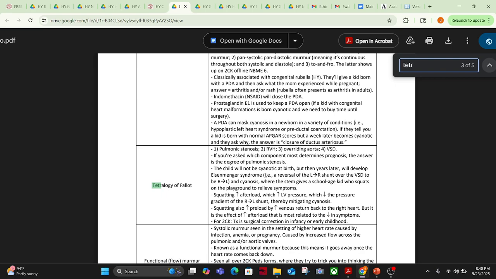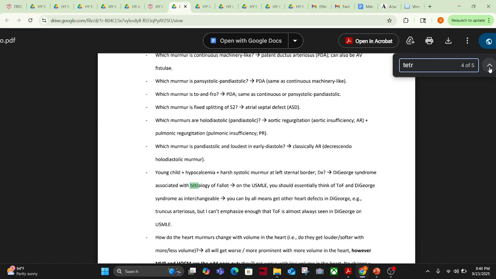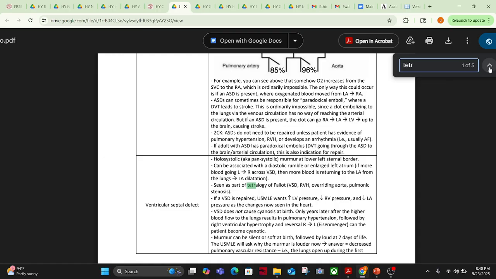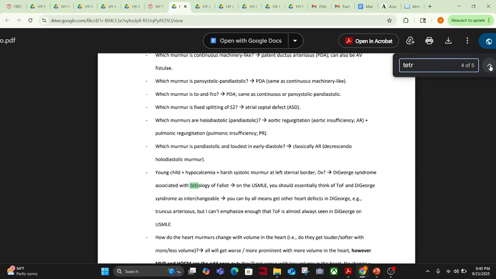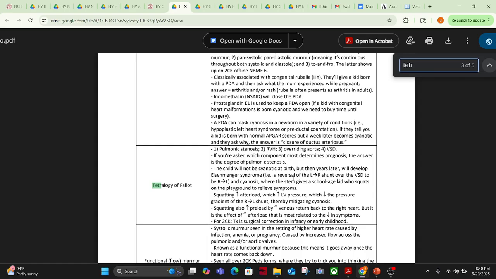So some of that LV blood is mixing with the right, and the kid can't get enough oxygenated blood to the body.